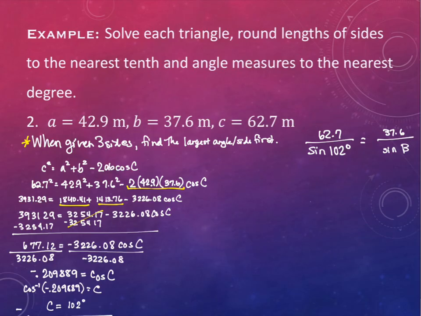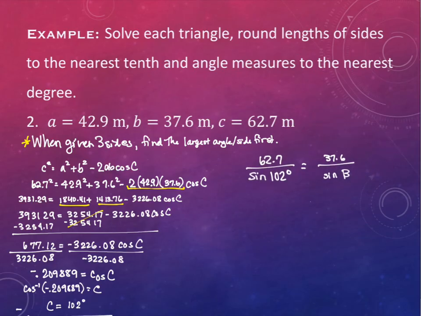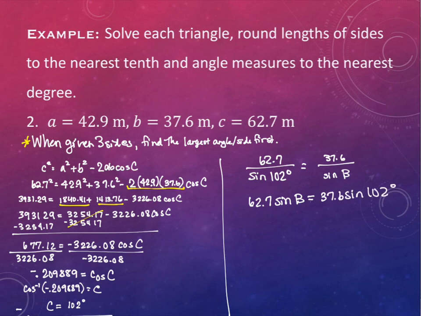So we're going to take this now and we're going to solve. So what's our first step? Cross multiply, you bet. It's not the only way to do this, but that's a pretty natural one that most people like to do. So 37.6 sine of 102. And then what would we do? Divide by 62.7, and that's when I'll get my decimal.